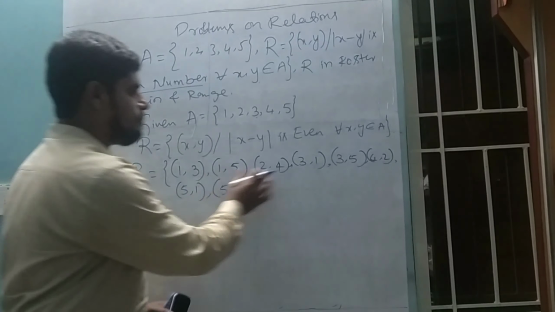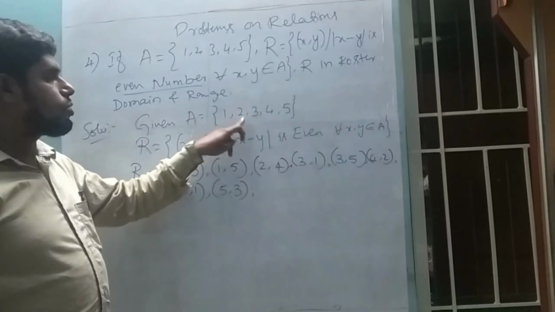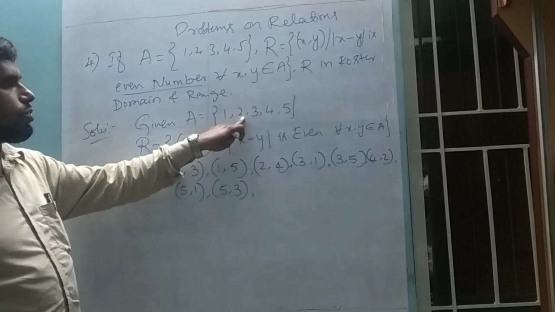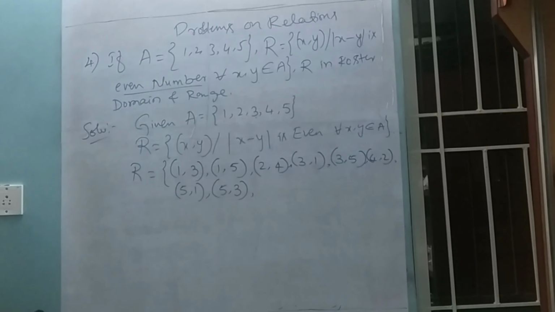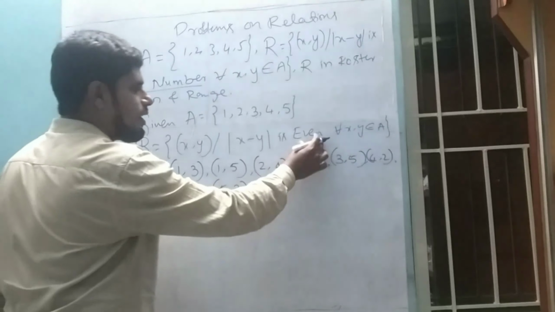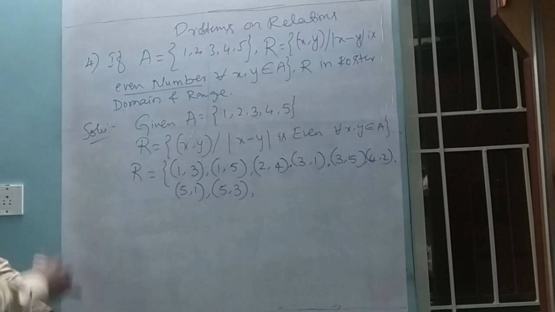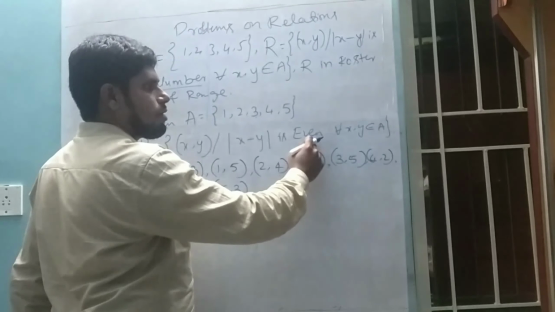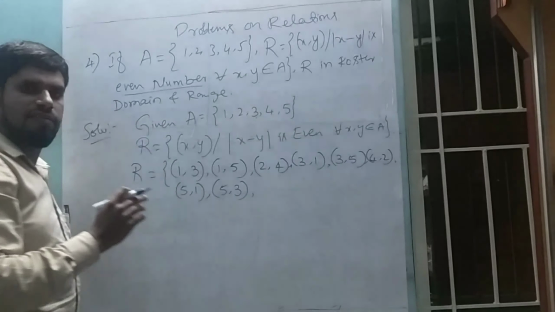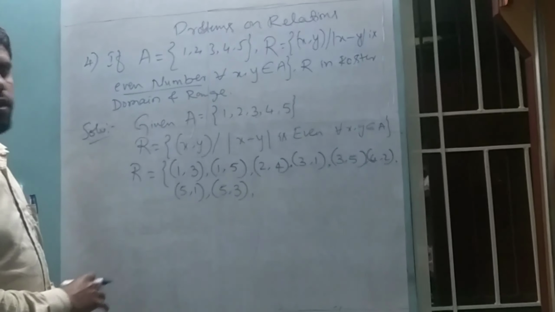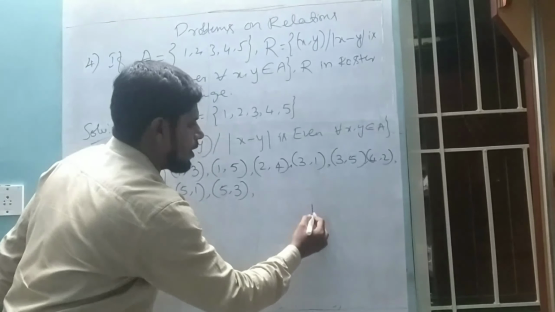Now, apart from these things, I missed one element here. How about 1 to 1? How about 2 to 2, 3 to 3, 4 to 4, and 5 to 5? So here, since we said it is an even number, 1 minus 1, it is 0. Since 0 comes before 1, and 1 is an odd number, before 1, whatever the number comes, that is considered as an even number. Because 1 is the odd number.